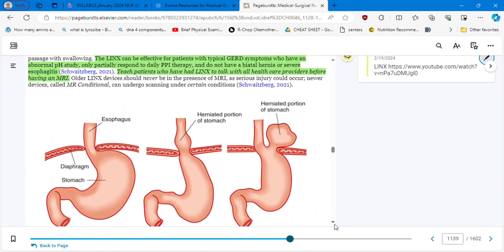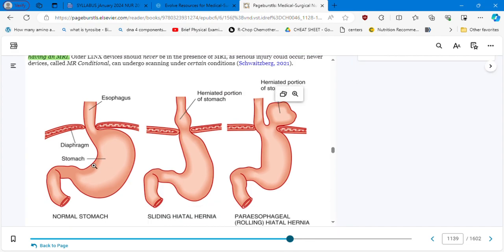You see on the left you have the esophagus and the stomach, and the diaphragm is here at the level of the lower esophageal sphincter. Now in the middle you have the sliding hiatal hernia, which is a hernia that is going to go up and down depending on the stressors, right?